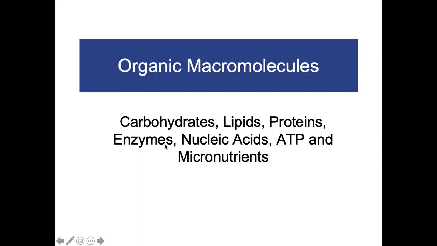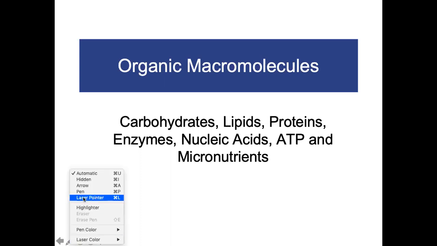Enzymes are a category of proteins, and then ATP is a modification of nucleic acids. I put in micronutrients too because I wanted to talk a little bit about metabolism and the requirements for processing your carbs, lipids, and proteins, and you need micronutrients to do that.